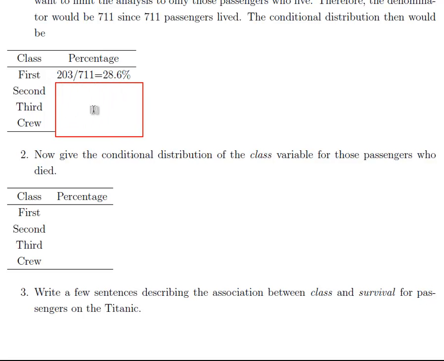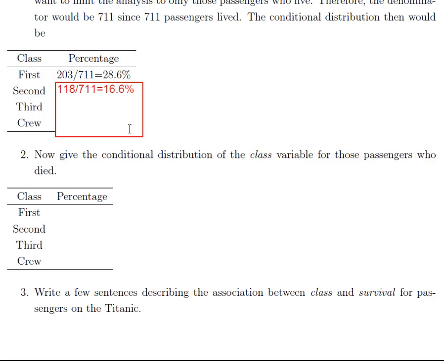So there were 203. So we're always going to divide by 711 because that's the number that lived. And there is 203 from first class that lived. There's 108 from second class. And so that's 16.6%.